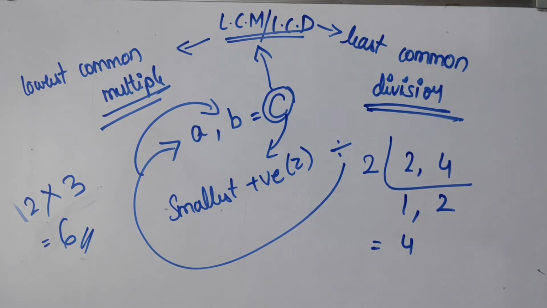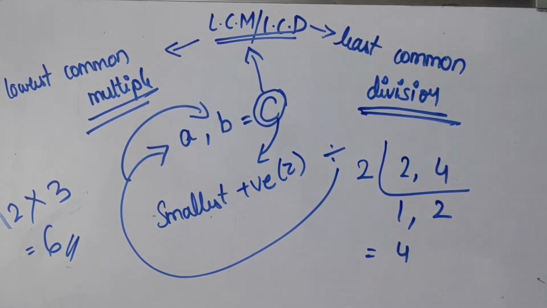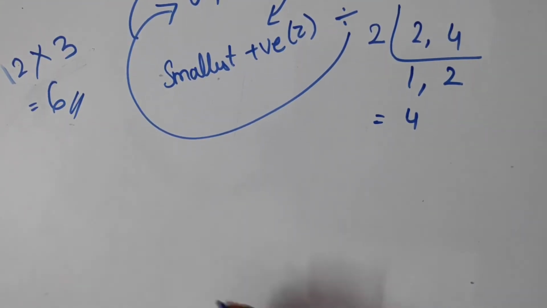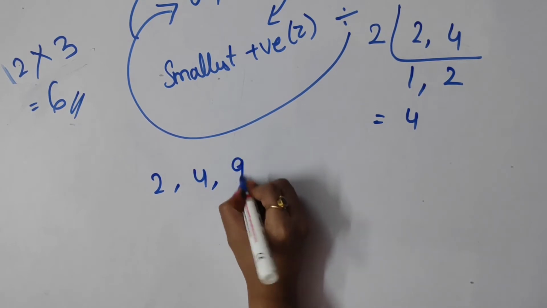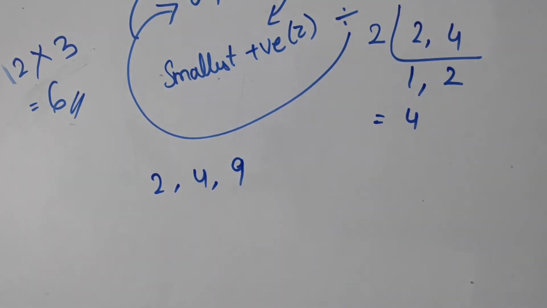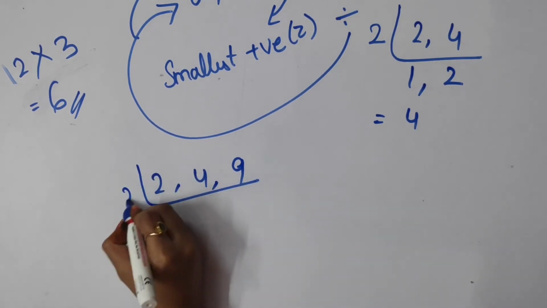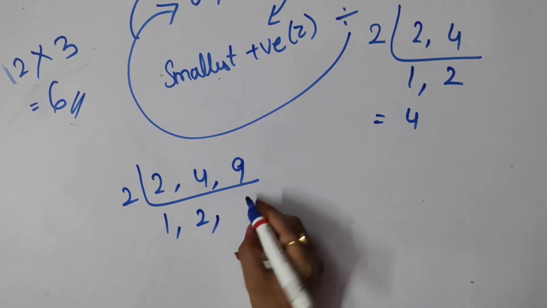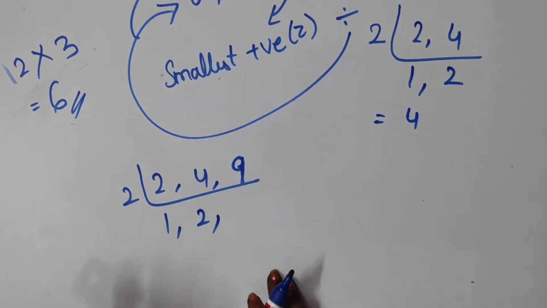LCM can be done for more than two numbers as well. So I'm going to take three numbers, which are 2, 4 and 9. Now let's see the LCM for these three numbers. 2 ones are 2, 2 twos are 4, and 9 is not divisible by 2.